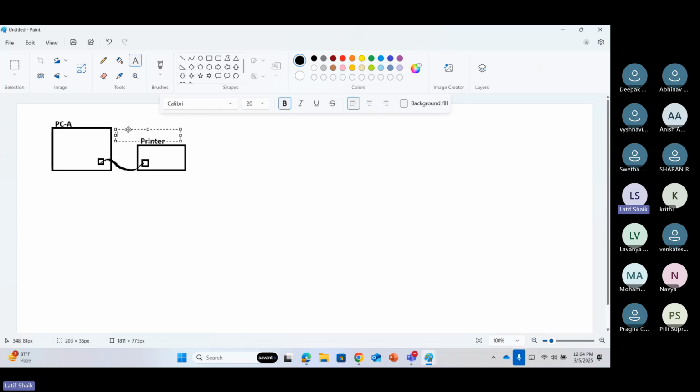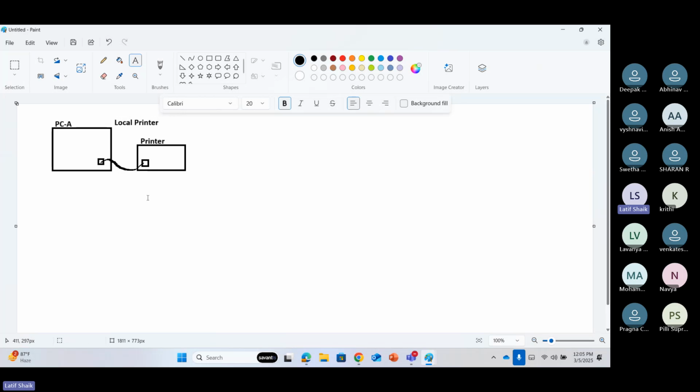If anyone wants to take a printout, they have to come to my PC and take a printout, because the printer is connected directly to my PC. Based on this type of connectivity, we call it a local printer.